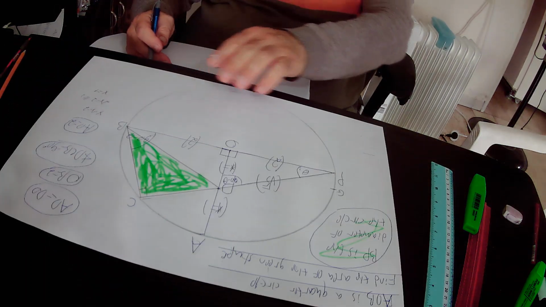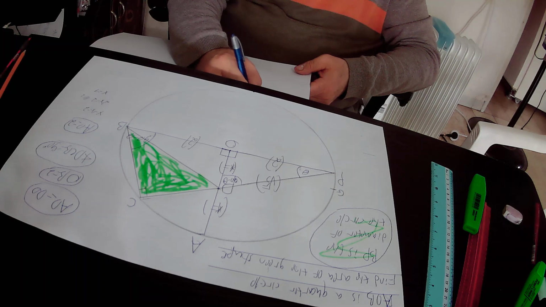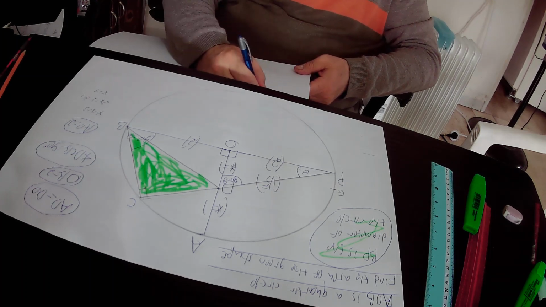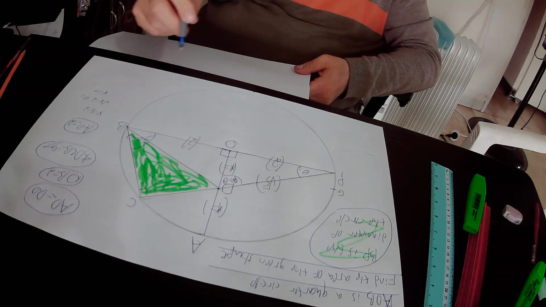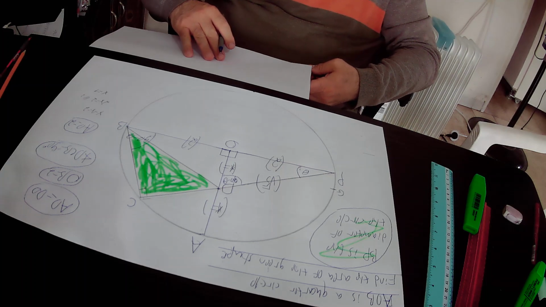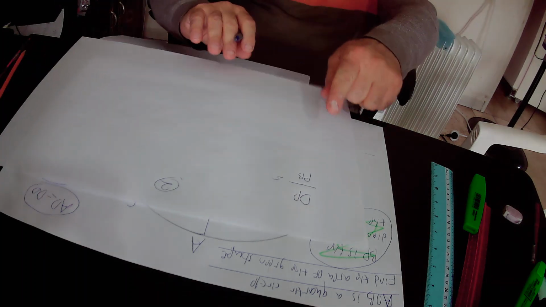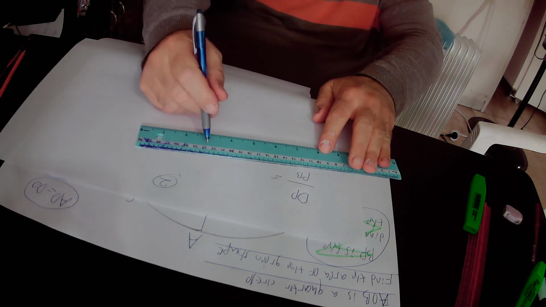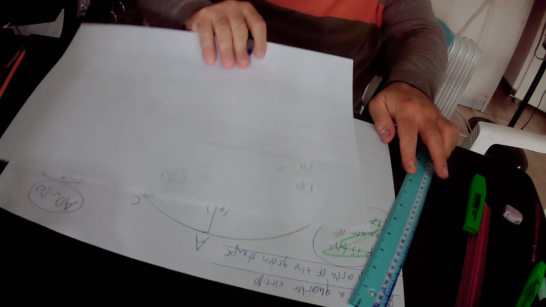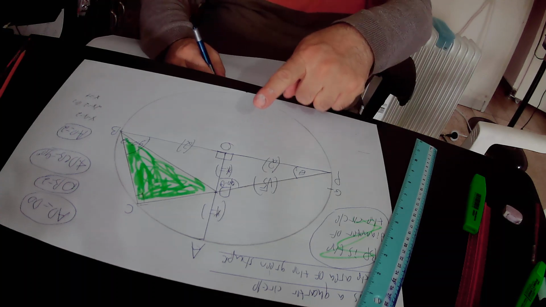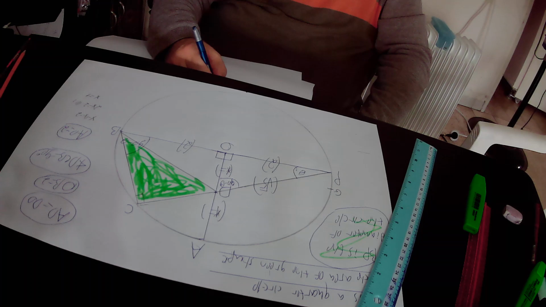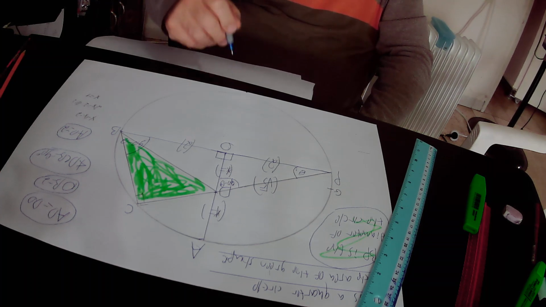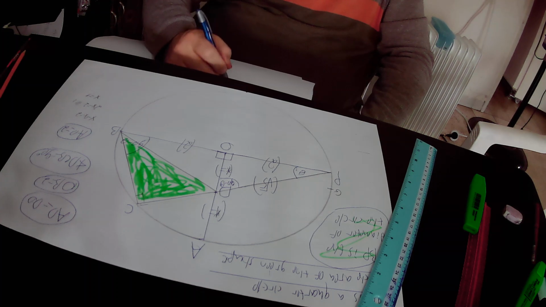We derive that side DP in the small right triangle DPO over side PB in the big right triangle PCB is equal to side DO in the small triangle DPO over side CB in the big triangle PCB.